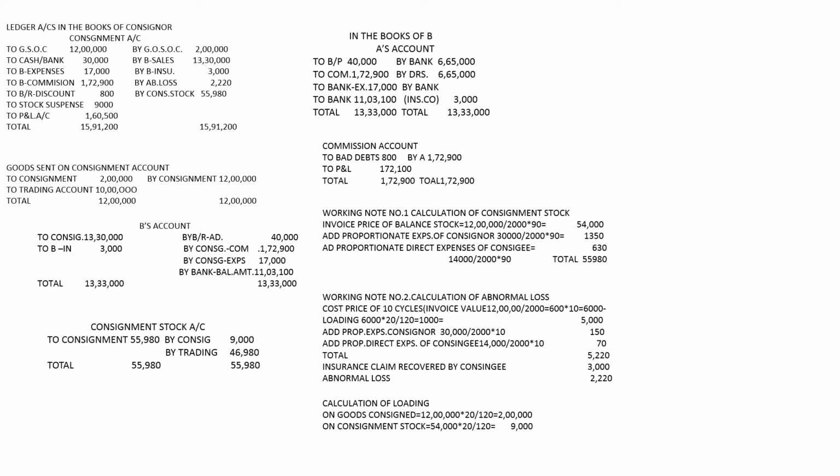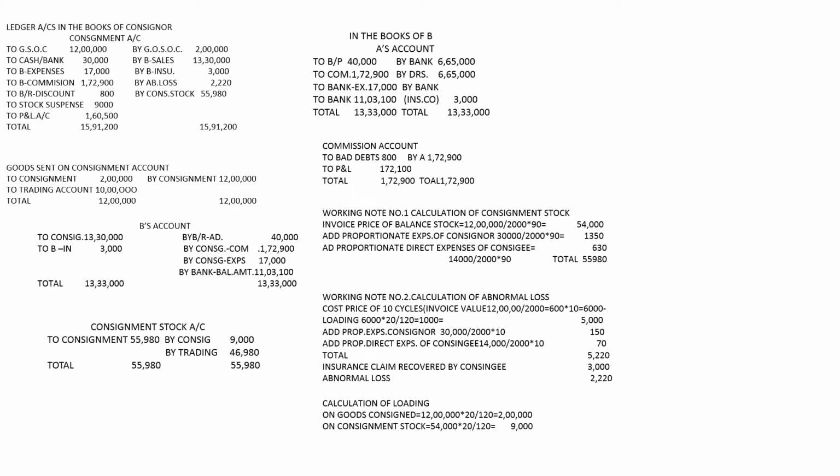So on 80 it is 20, on 1 it is 20 upon 80, and on whatever cost price is given. Here loading is given on cost price and we are given invoice price. So by goods sent on consignment, loading would be 12 lakh into 20 upon 120.